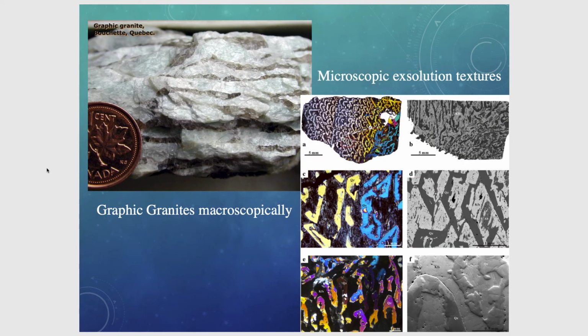This is another example of a characteristic texture you might encounter during the examination, and these are called graphic granites. The composition usually is enriched in feldspar and quartz. That's the distinguishing factor for these rocks, the abundance of quartz.